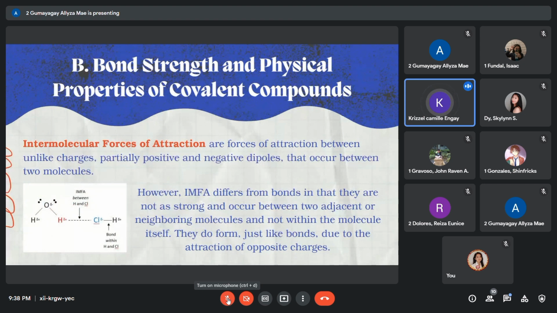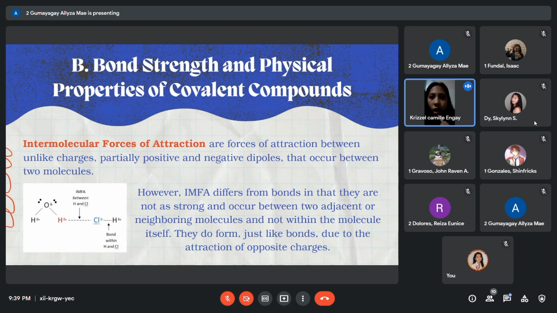Thank you, Mr. Fundal. So now, I will discuss what IMFA is. Intermolecular forces of attraction are forces of attraction between unlike charges, partially positive and negative dipoles, that occur between two molecules. However, the forces of attraction which hold an individual molecule together, for example a covalent bond, are known as intramolecular attraction. A covalent bond in chemistry is the interatomic linkage that results from the sharing of an electron pair between two atoms.